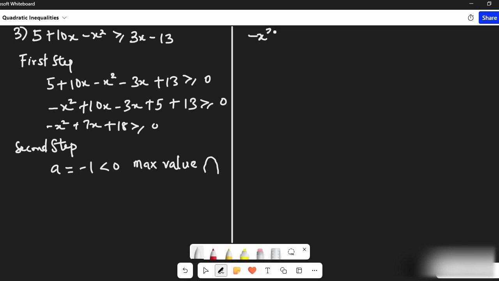So this is minus x squared plus 7x plus 18 equals 0. Okay, so I'm just going to use the quadratic formula here.